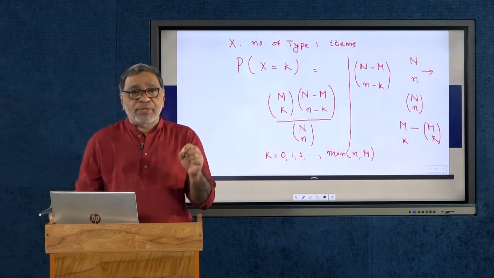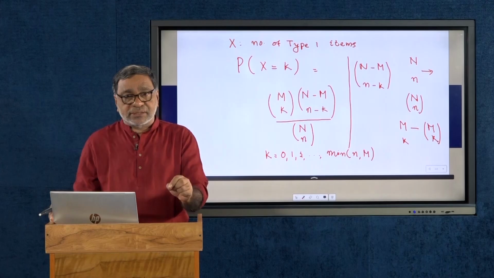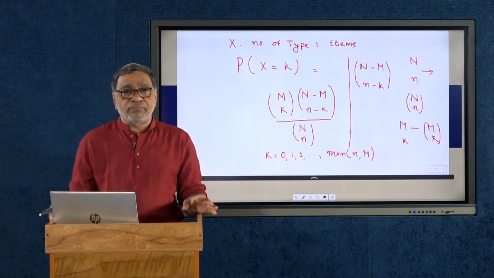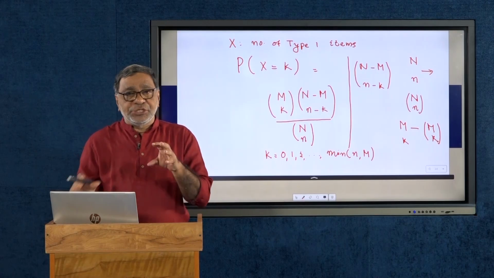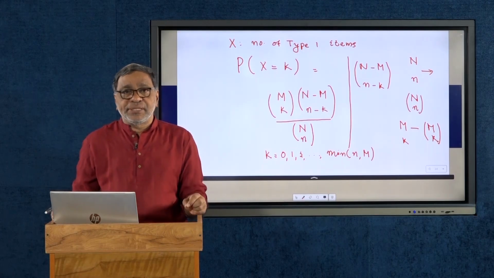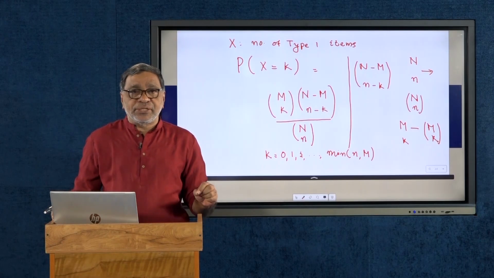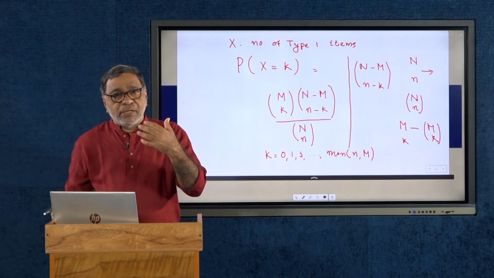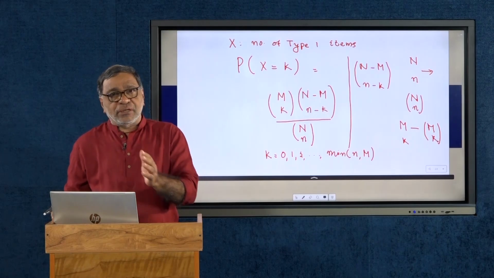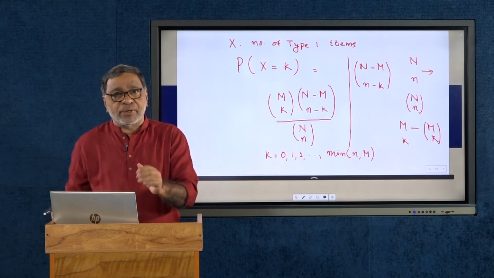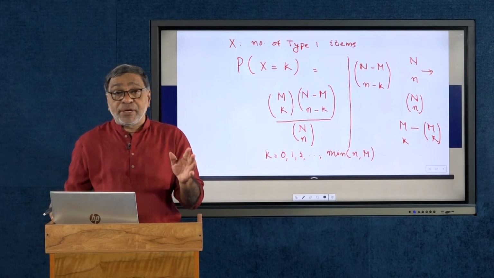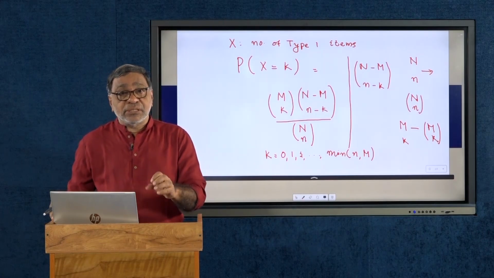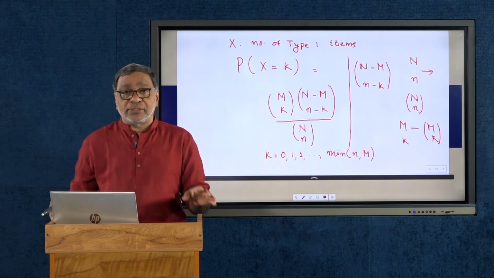Then the probability of getting a certain number of successes is given by the binomial probability mass function. The situation is similar, the only difference is that here we are considering sampling without replacement, so the probability of getting a success or a type 1 item will be different in each trial. But in the case of the binomial distribution, the probability of success is constant throughout the trials.